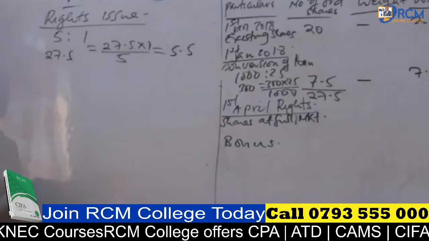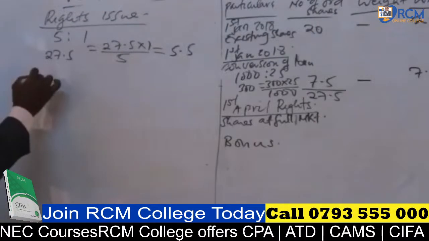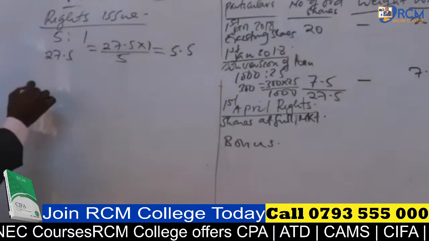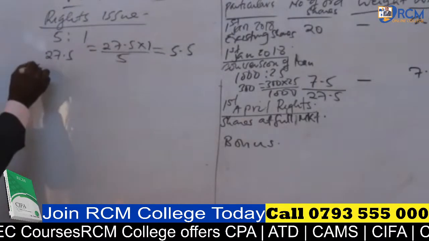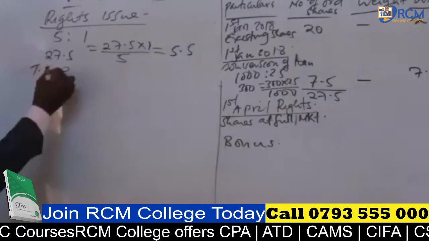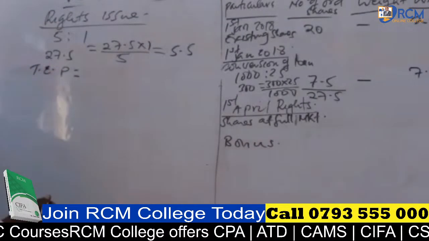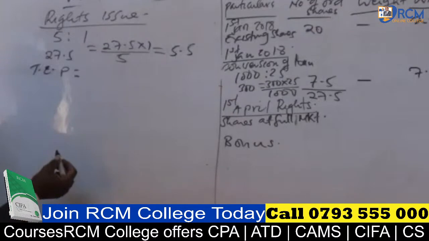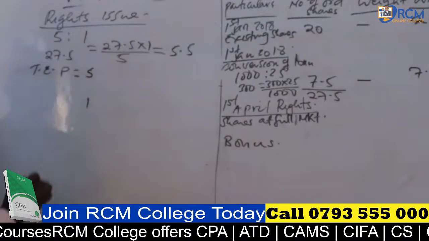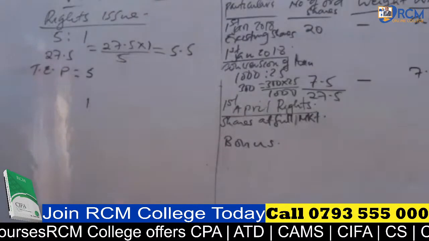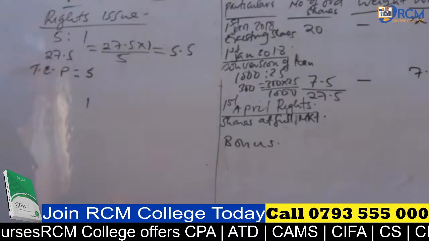5.5. Then I do what we call shares at full market price, or the theoretical ex-rights price. My shortcut is for every 5 shares, I get 1 ordinary share.